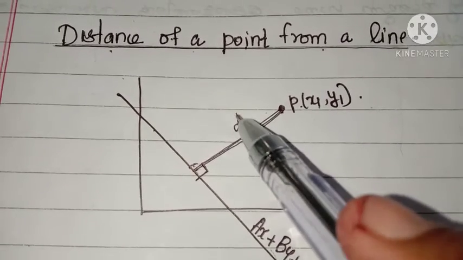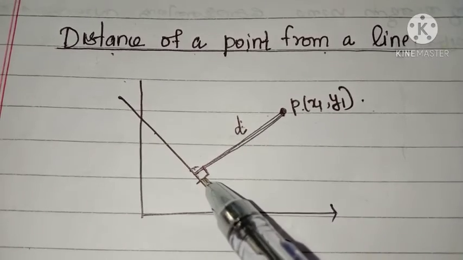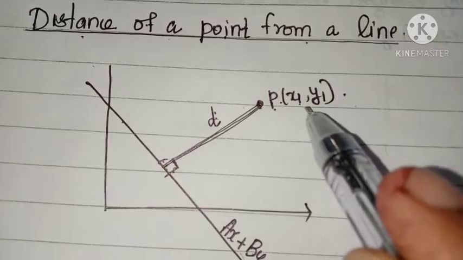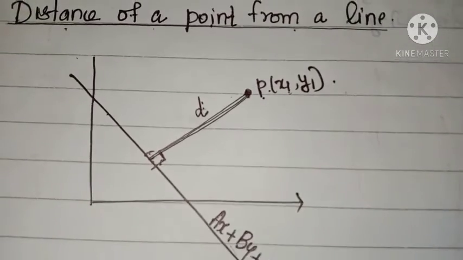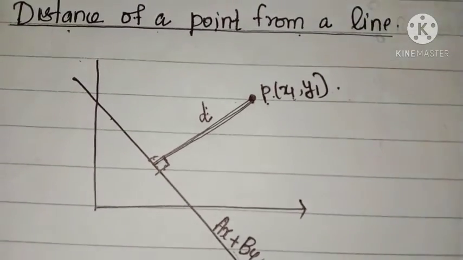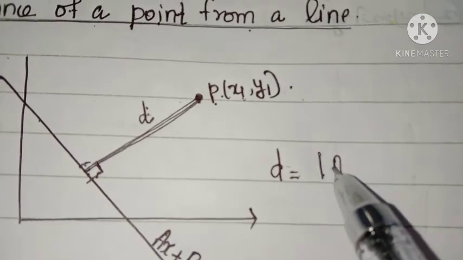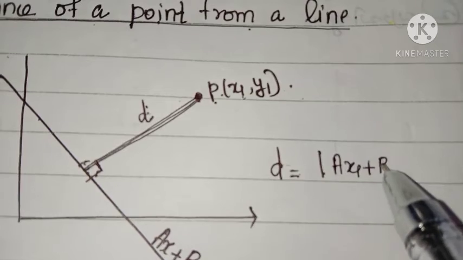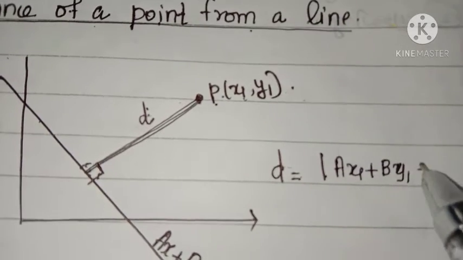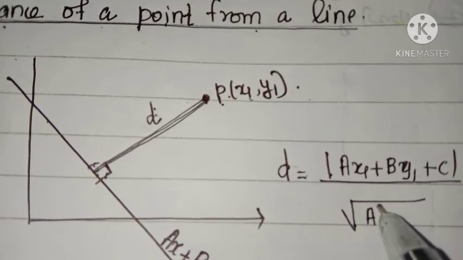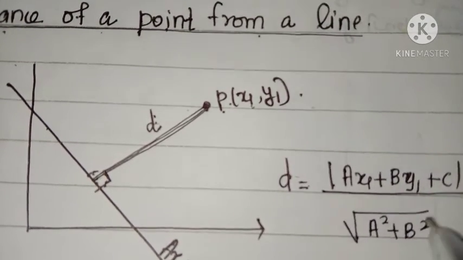So the perpendicular distance d from a line to a given point P with the coordinates x1, y1 is obtained as, listen, this is the next formula. d is equal to modulus of ax1 plus by1 plus c divided by root of a square plus b square.